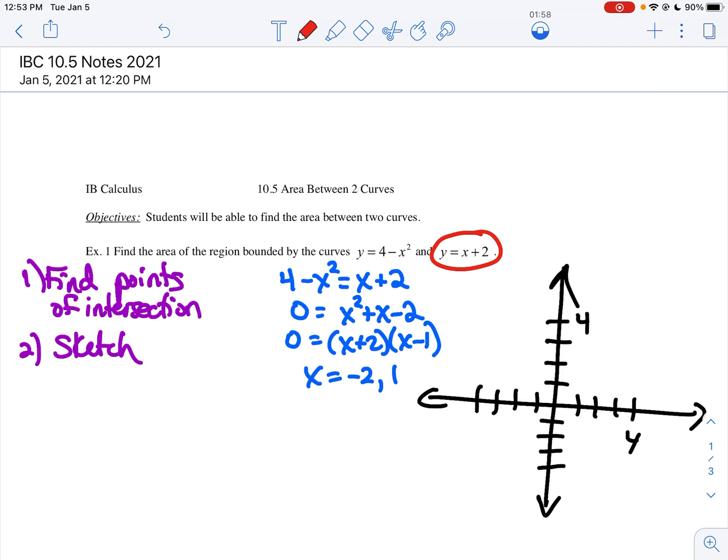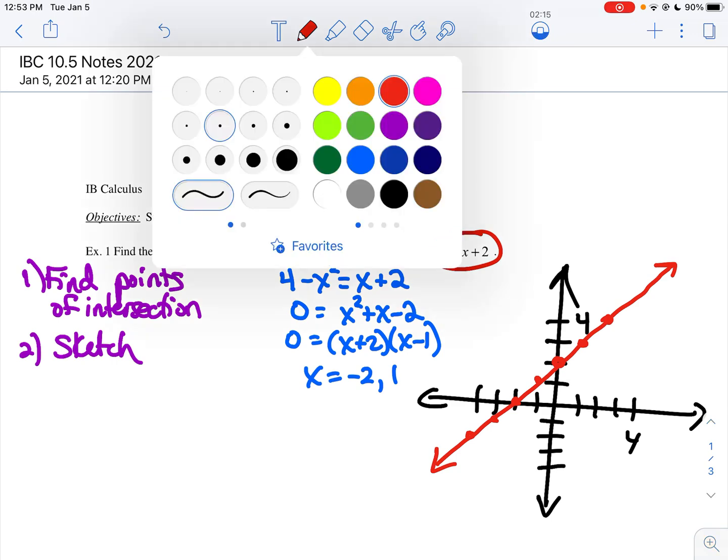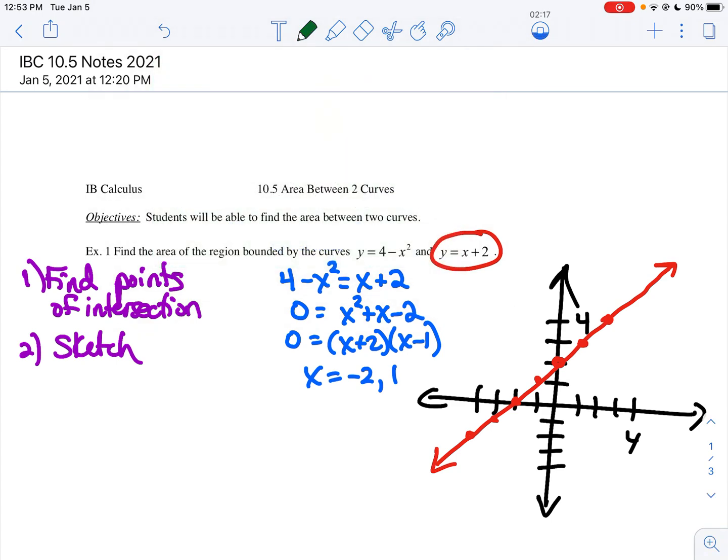So I'm going to do this one, y equals x plus 2 in red. So I know that is a line. The slope is 1. Okay, so that's that graph. Then I have a parabola, and I'm going to do this one in green.